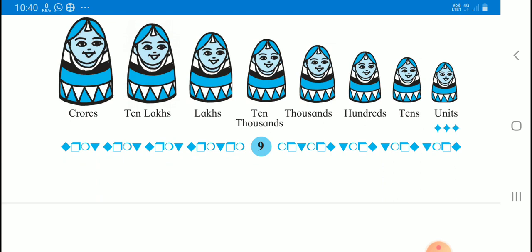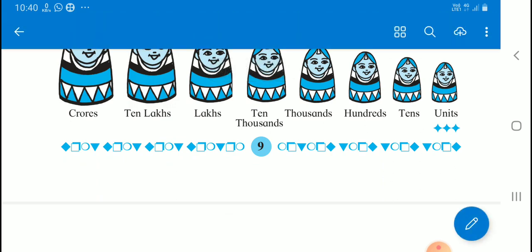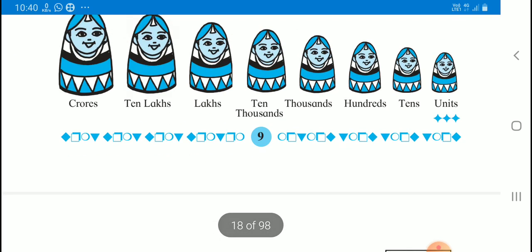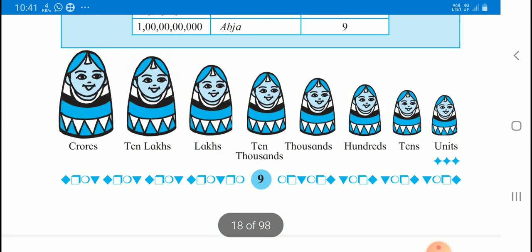Means first we are counting from the last place, that is from the unit place. We will see these places: units, after that tens, then hundreds, thousands, 10,000, lakhs, 10 lakhs, and crores. Maybe you understood it well.